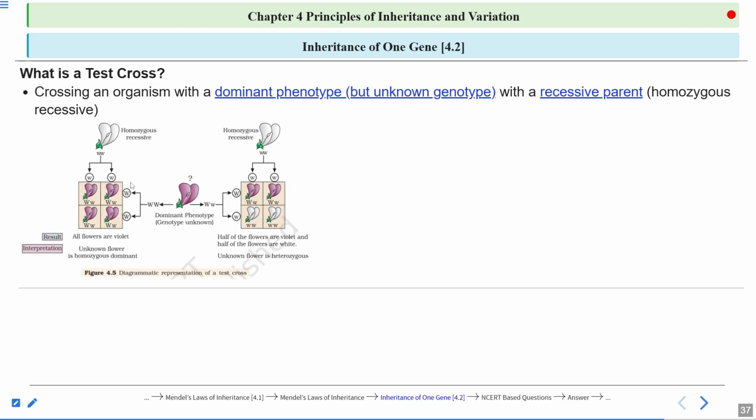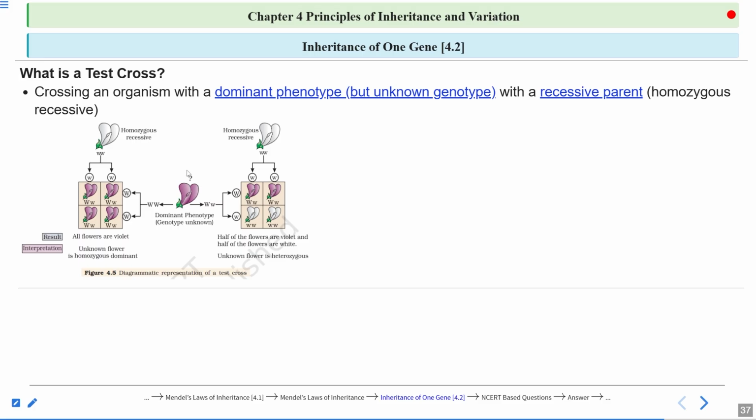Let's understand this using this image. Homozygous recessive is small w, homozygous recessive here again small w. So what is being done here? You want to know the genotype of this individual, where the question mark is written here.